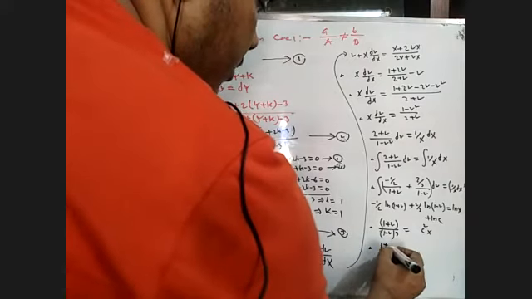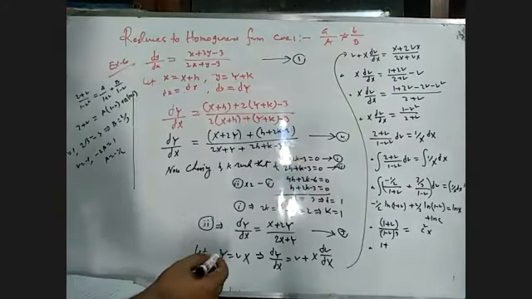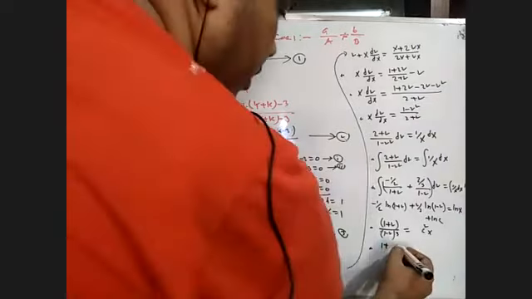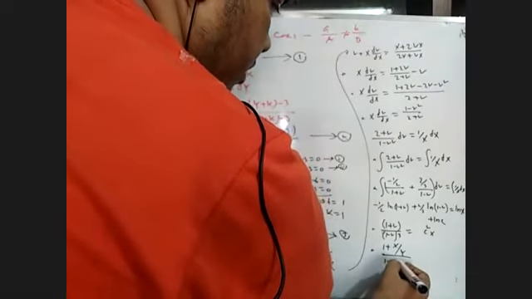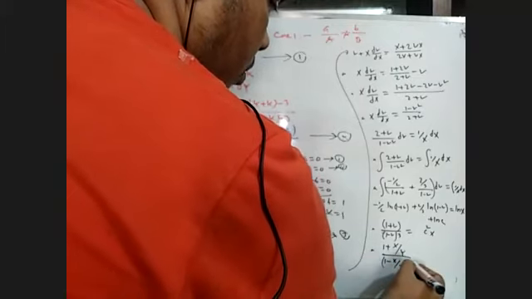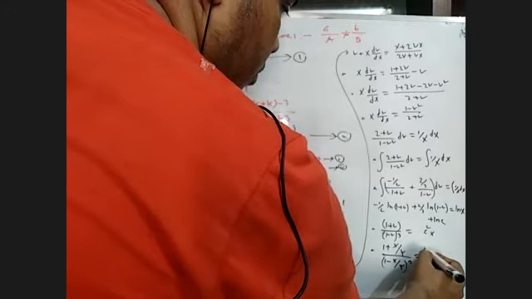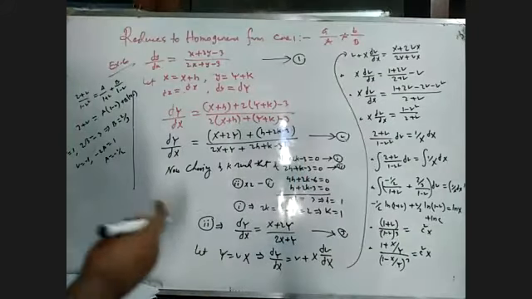So 1 plus v, where v means Y by X, gives 1 plus Y by X over (1 minus Y by X) whole cube equals c squared capital X.